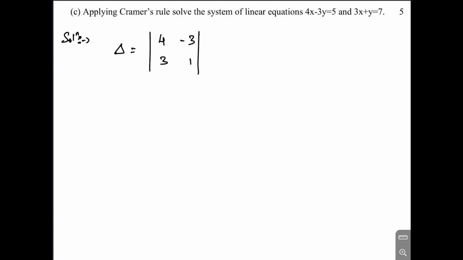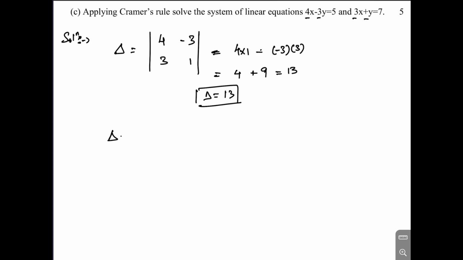These are the x as well as y coefficients. Let's simplify further: 4 into 1 minus, into minus 3 into 3. 4 into 1 is 4, 3 3s are 9, minus into minus gives plus, so 9 plus 4 is 13. We got the delta value as 13.